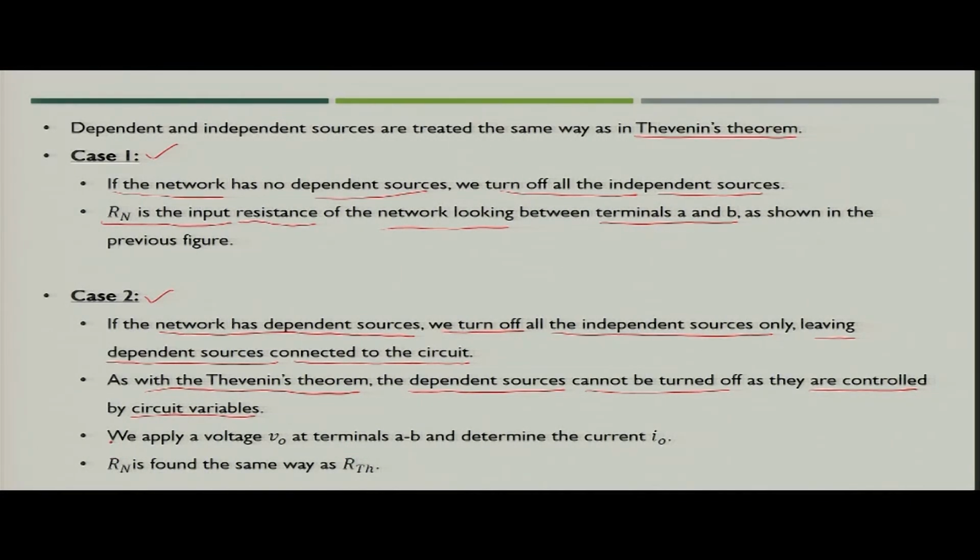What do we have to do in that case? As we did in Thevenin's theorem, here also we apply a voltage V naught at the terminals A B and determine the current I naught, and using this value we can easily find the value of Rn, which is equal to RTH. So, Norton resistance and Thevenin resistance would be the same.